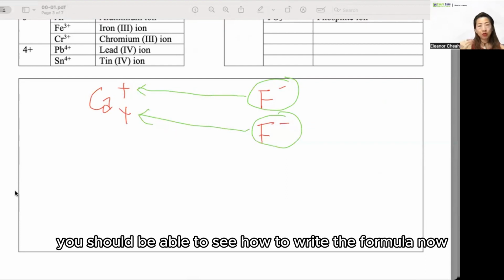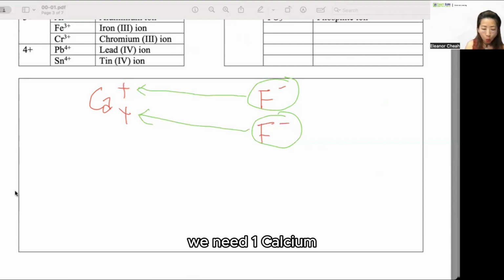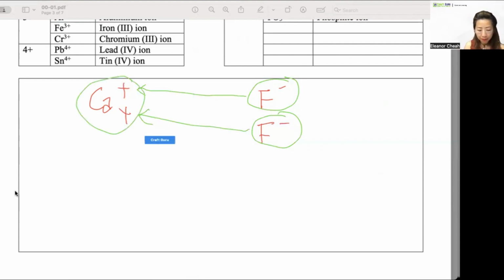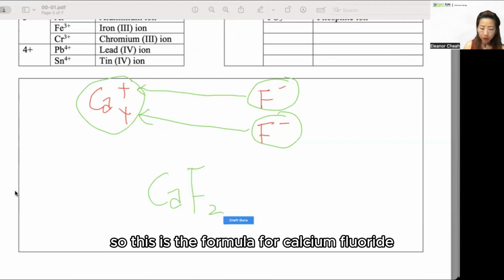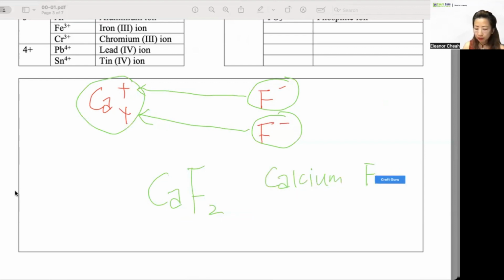You should be able to see how to write the formula now. We need 1 calcium and 2 fluoride. So this is the formula for calcium fluoride.